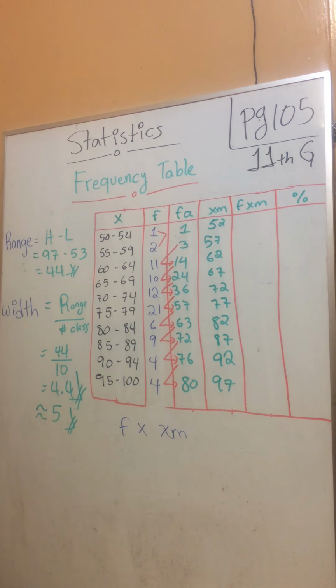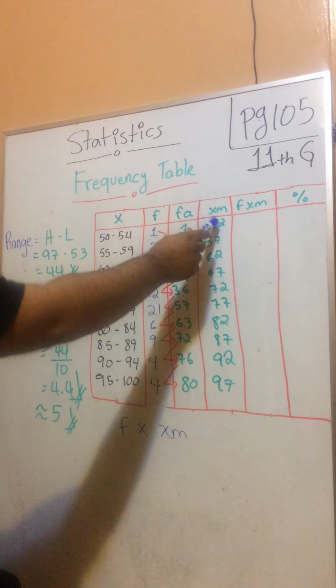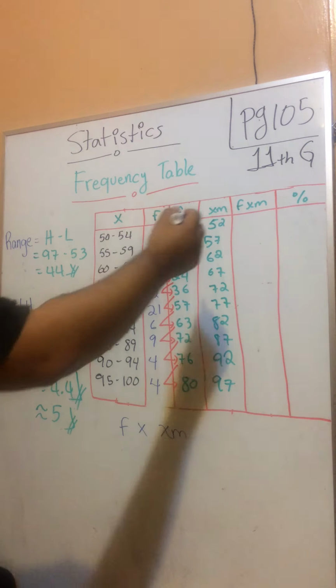So how do we get these numbers? It's pretty simple. We multiply frequency by class mark. So 1 times 52 is going to give us 52. 2 times 57, 114.